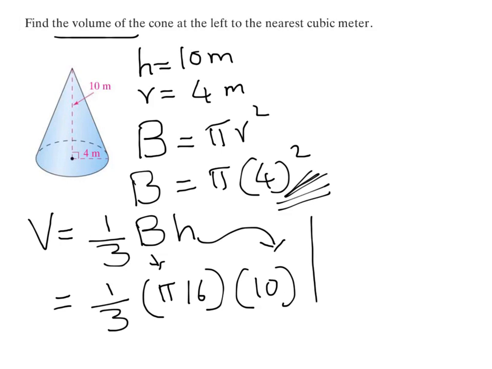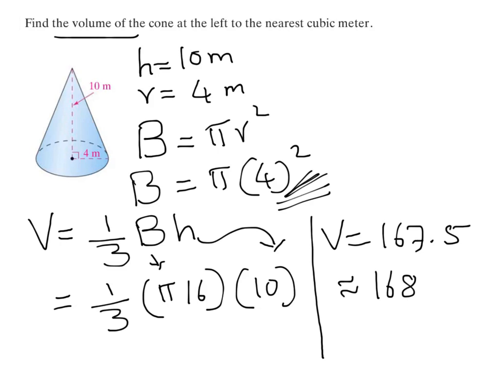Now we can plug in everything into the calculator and then get the answer. And that is going to be 167.5, approximately 168 meter cube. So that is the volume of this cone.